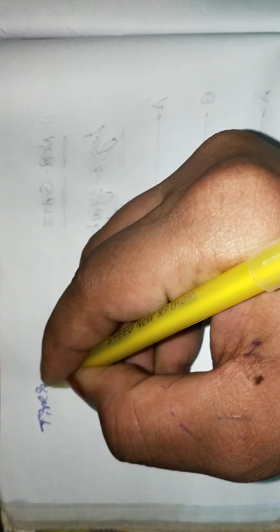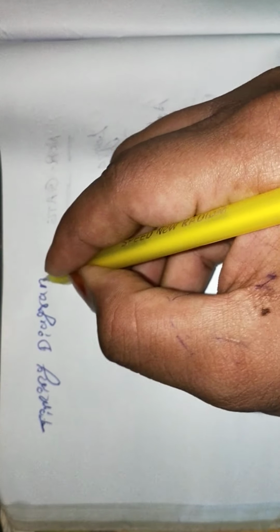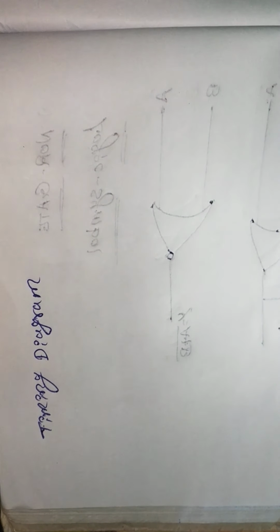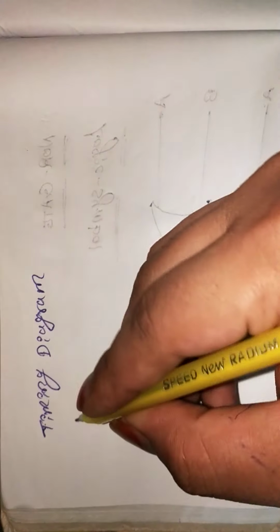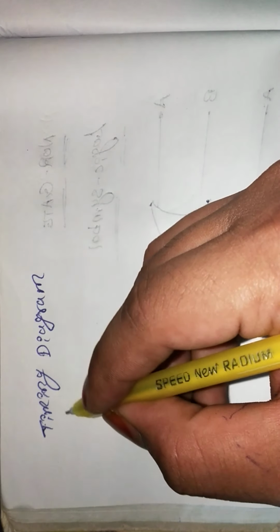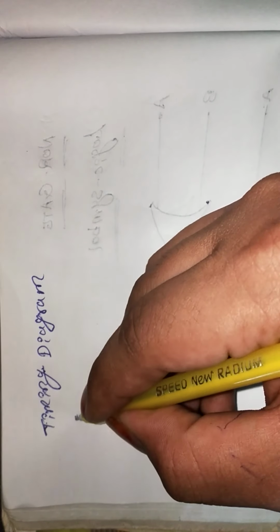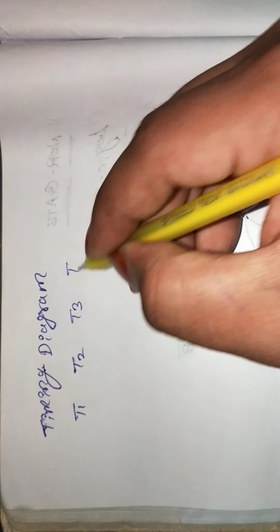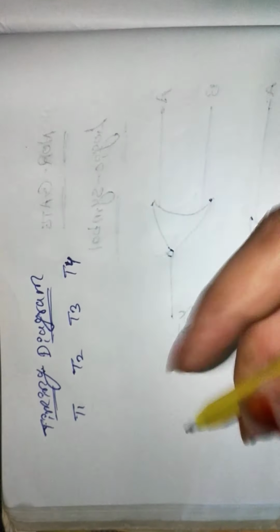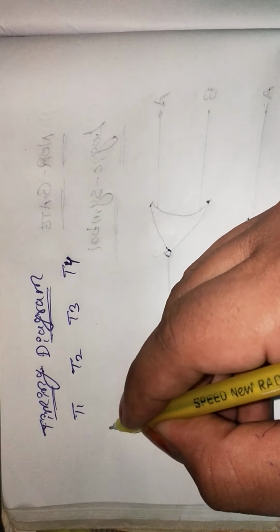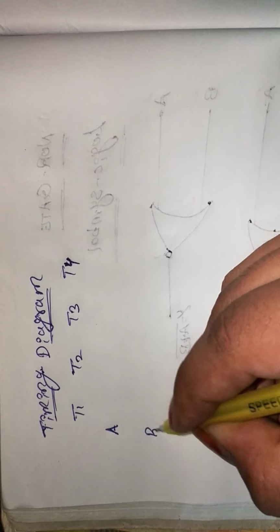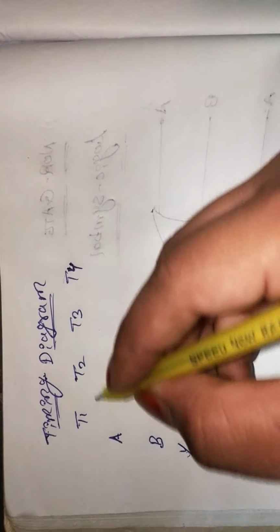Timing diagram of NOR gate. In the above truth table we take 4 different times: T1, T2, T3, T4. Two input variables a, b, and the output y.